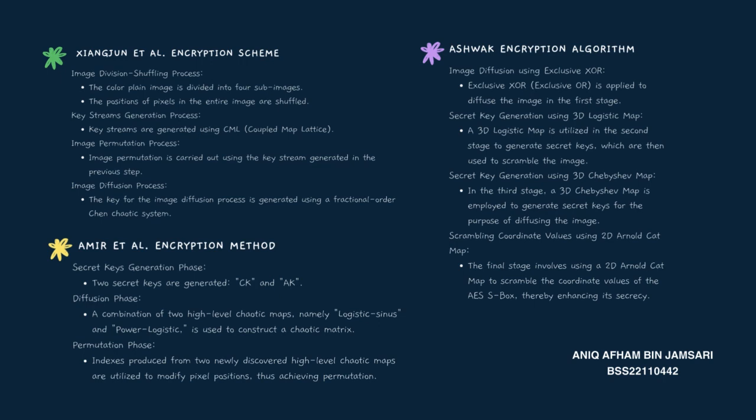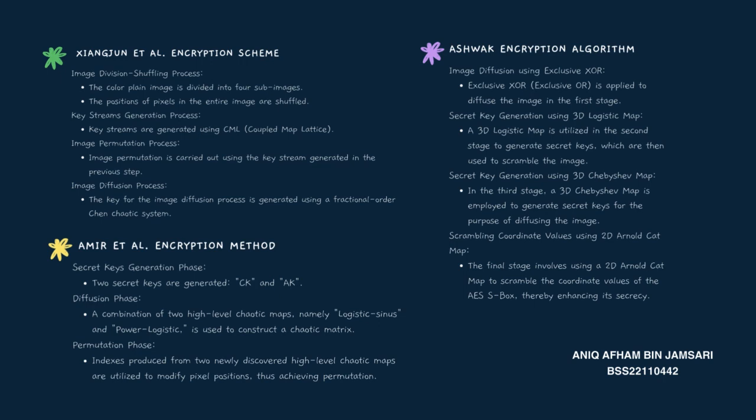And last but not least, a color image encryption using 3D chaotic map with AES key dependent S-box is presented by Ashwak. The encryption algorithm consists of two stages of diffusion and two stages of scrambling. First, exclusive XOR is applied to diffuse the image in the first stage. Then a 3D logistic map is utilized in the second stage to generate secret keys, which are then used to scramble the image.